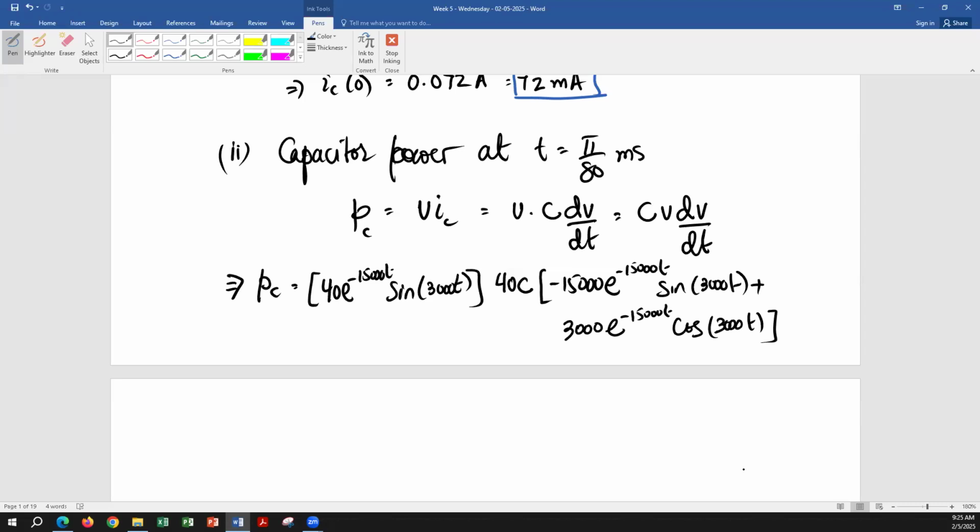All right, so again, we don't need to simplify anything. We need to find the power at a specific instant of time. Therefore, capacitor power at pi by 80 millisecond, and we're going to go to our Octave or MATLAB, whatever you want to use.